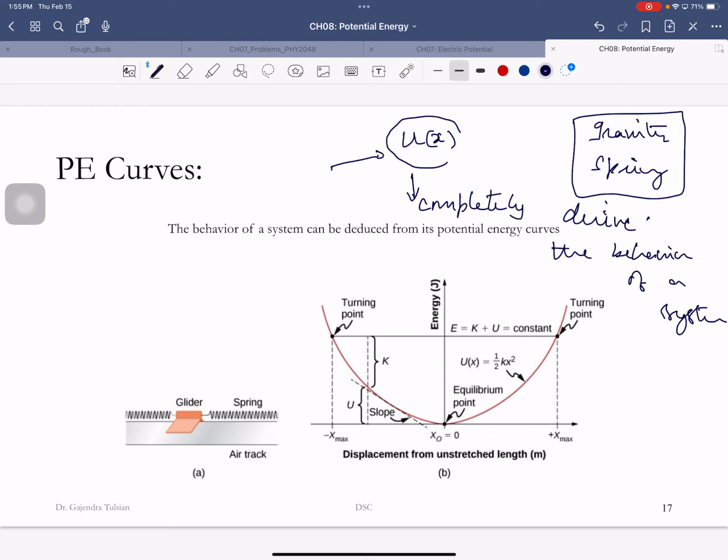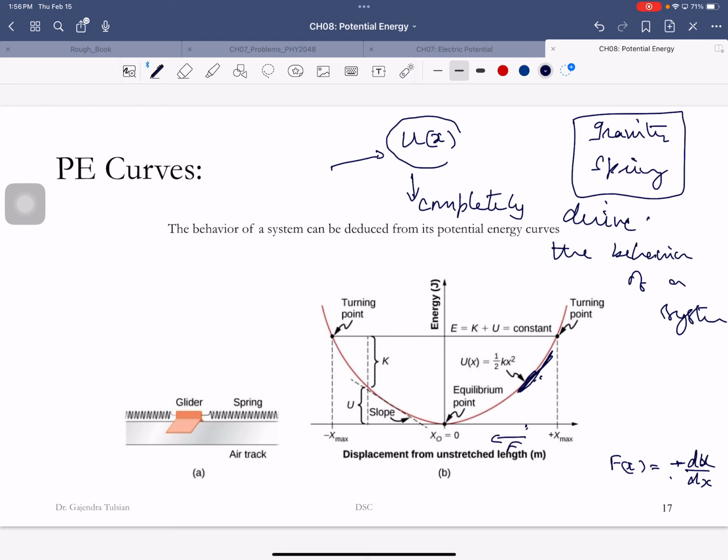Let's say the object is at this location. What is the force on it? You already know the force is minus dU/dx, which is the slope of this tangent line. The slope is positive, and the negative of that gives a negative value. So when the object is at this location, the force is in that direction.